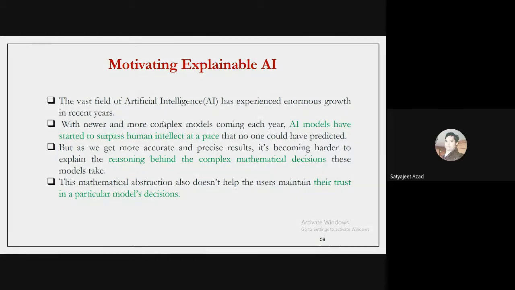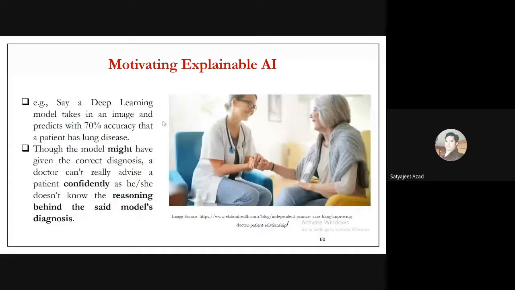For example, say you have built a deep learning model using an artificial neural network, and it takes an image and predicts with 70% accuracy that a patient has a lung disease. You can take a COVID example.